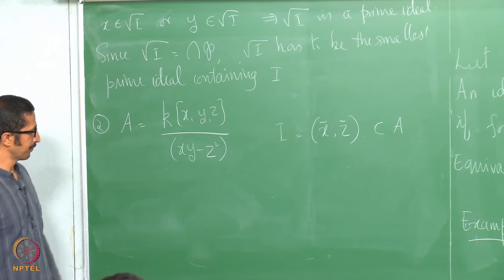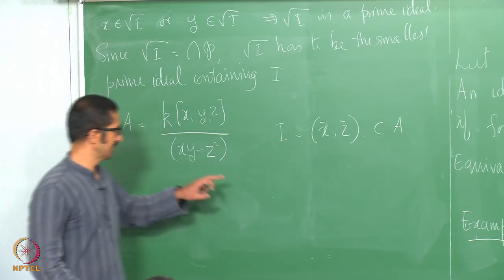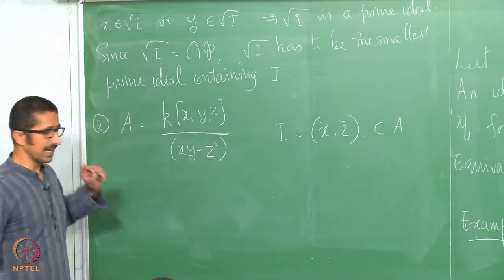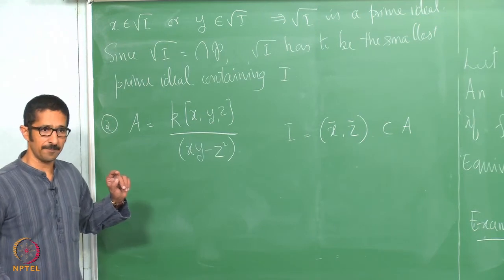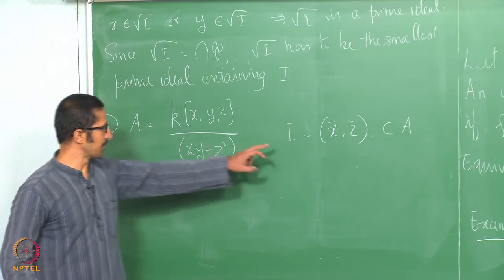Then this is a prime ideal in A. Why is it a prime ideal? What is A mod I?